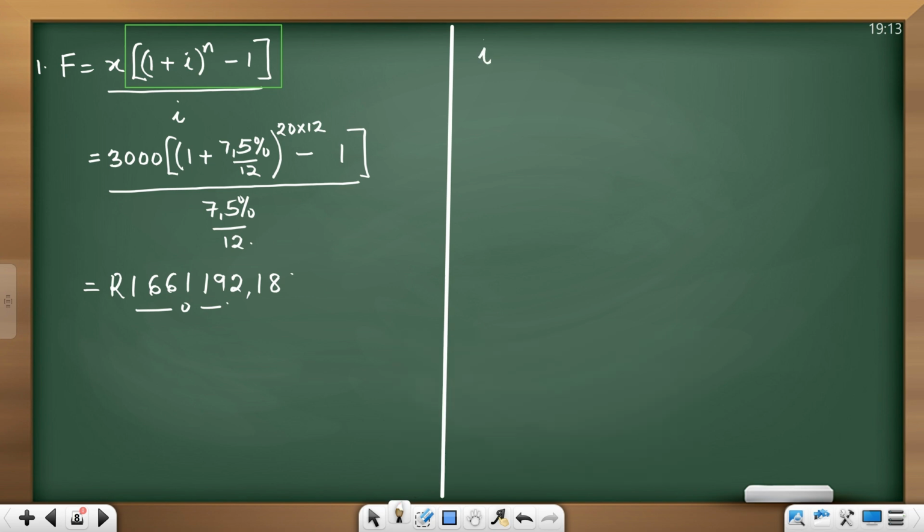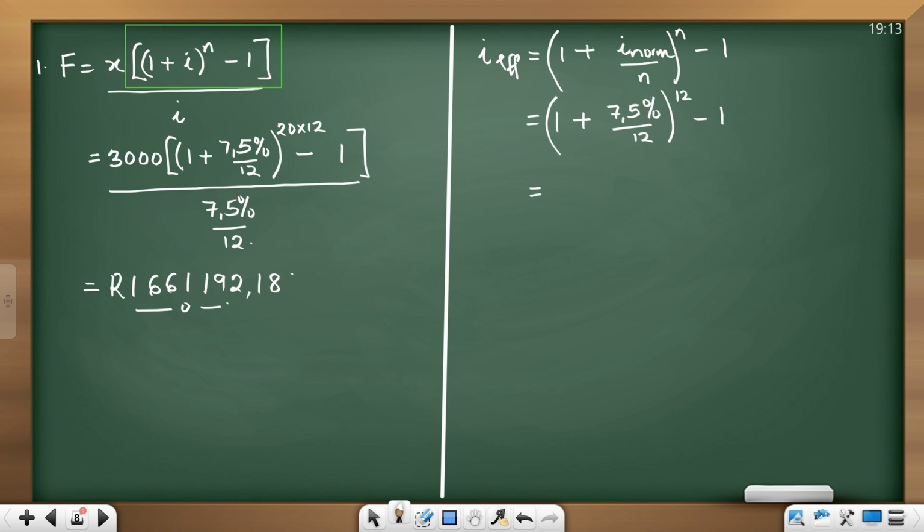It's on the formula page, hidden there. I effective equals 1 plus I nominal over N, to the power N, minus 1. So it's 1 plus 7.5 percent over 12, to the power 12, minus 1. Give me an answer there.